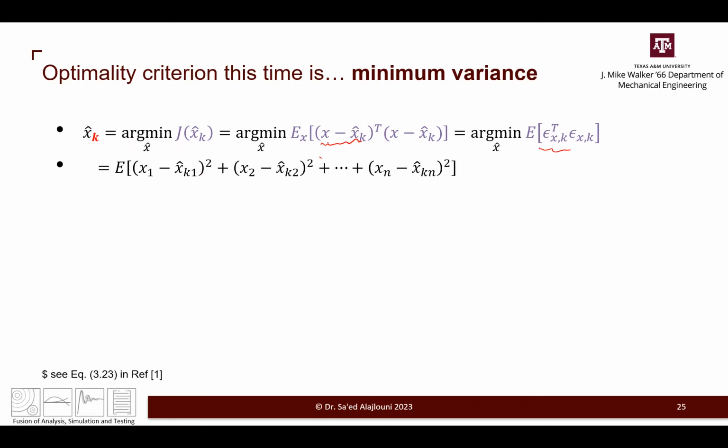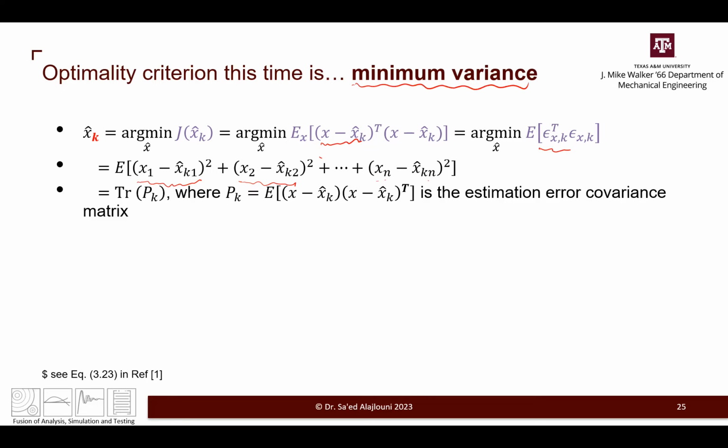Notice that if you expand this norm, you get the expected value of the first term in that estimation error vector squared, plus the second squared, and so on. These are nothing but the variances of the estimation error. That's why I call this the minimum variance criterion.